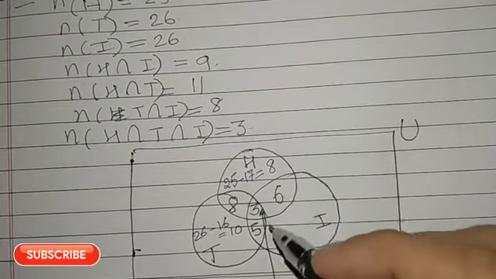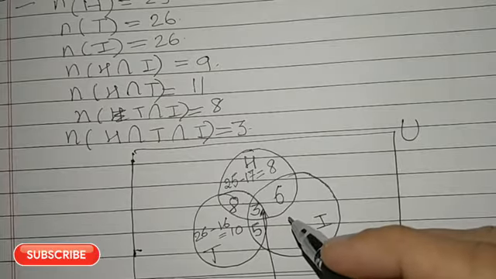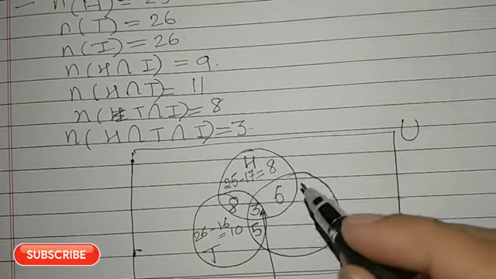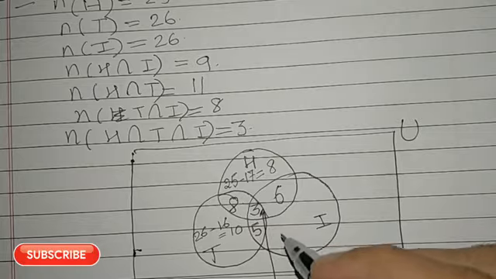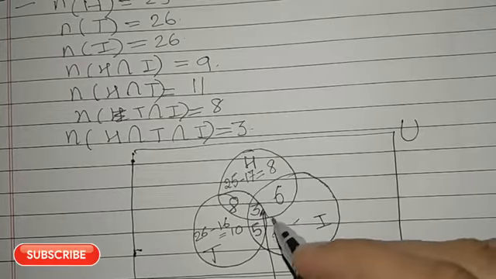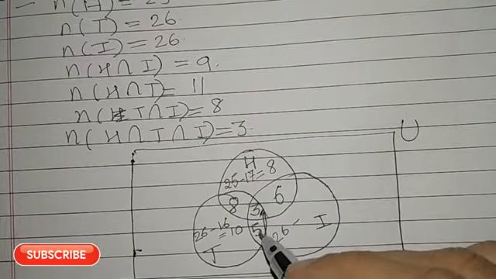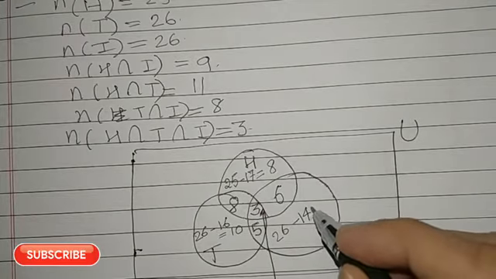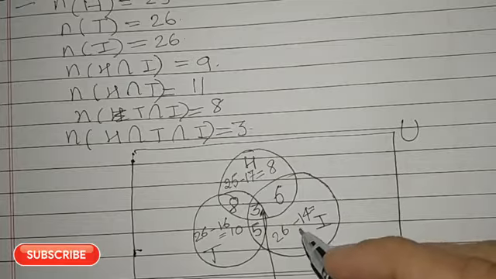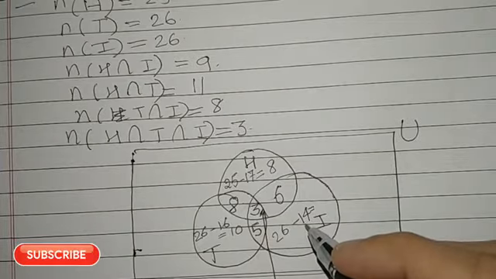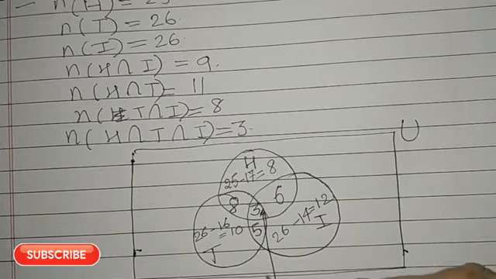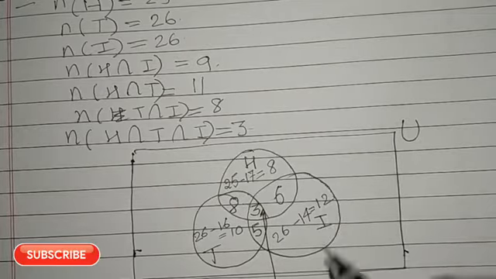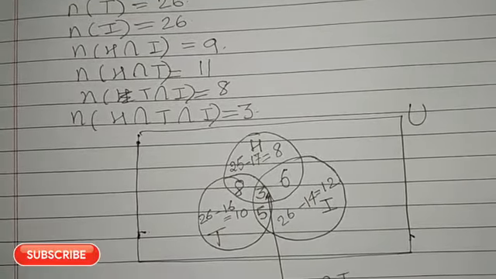Then you look at this set I. The number of people in the set I is 26 again, so you have to subtract 6 plus 3, 9 plus 5, 14, from 26. The number which remains is 12. So you have got all the numbers.